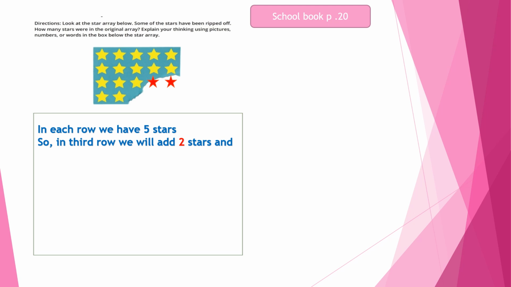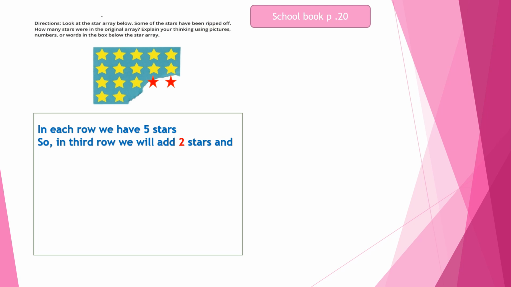Okay? Here, this array contains some rows and some columns before I cut it, okay? And in each row, how many stars in each row? 1, 2, 3, 4, 5. So to be an array, we shouldn't have any gaps.